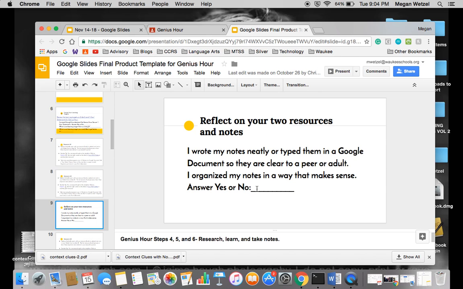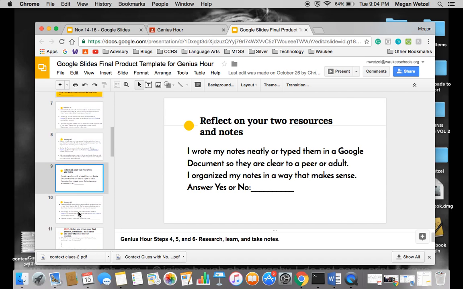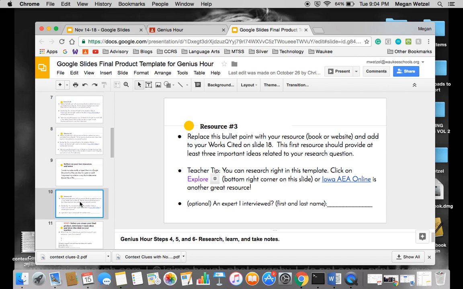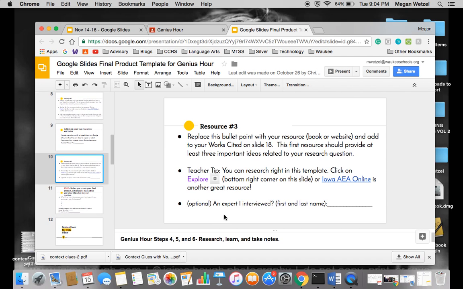So if your notes are organized, then you're going to type a yes right here. You do not need to have a 3rd resource, but this is here just in case you would like to add to that. An option would be to interview an expert.